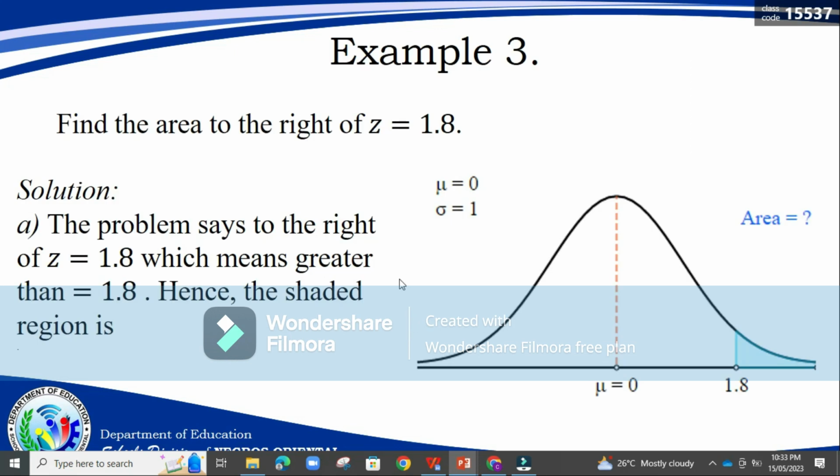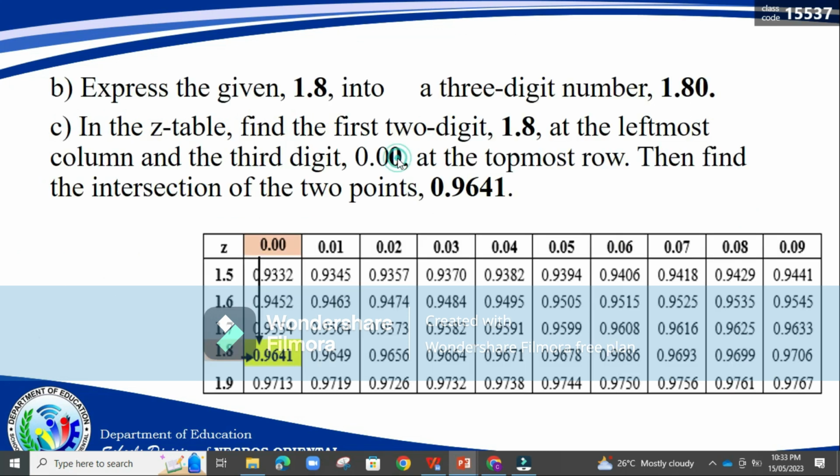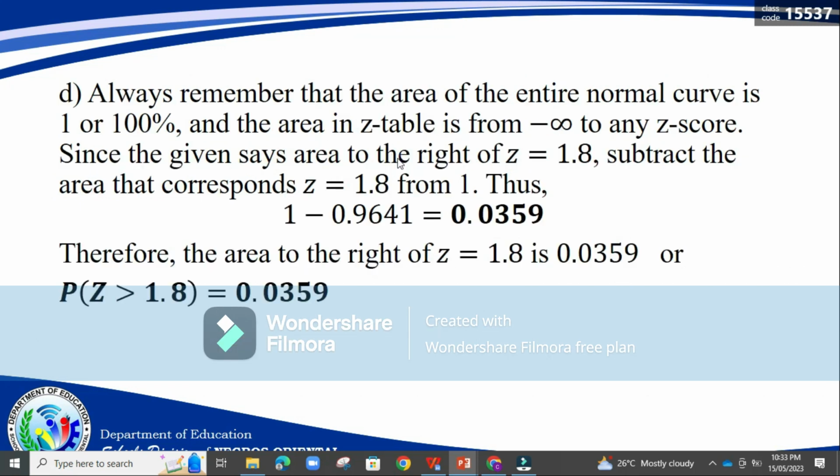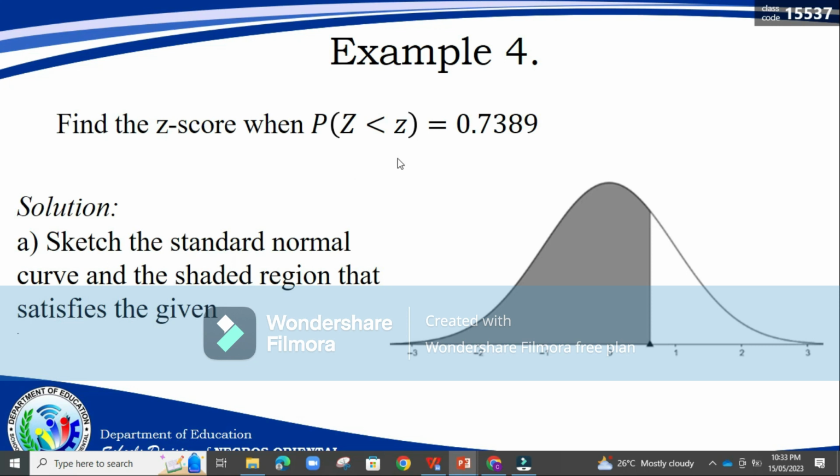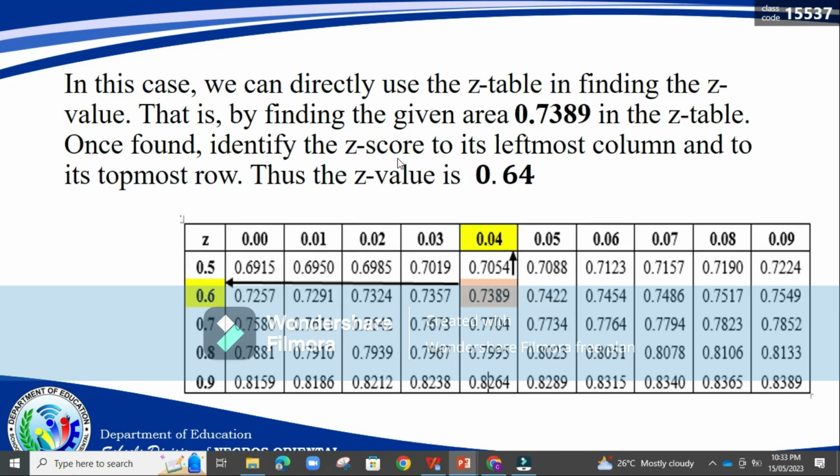Okay, let's proceed. Another example. Find the area to the right of Z is equal to 1.8. So it's another kind of problem. We have to be very careful in analyzing the problem because not all problems are asking the same thing.